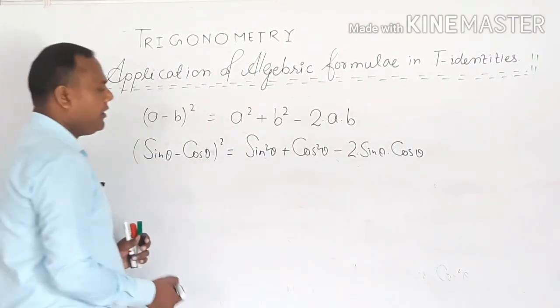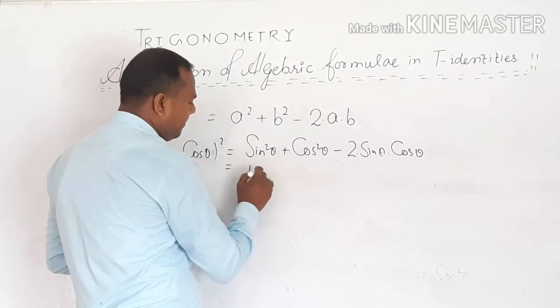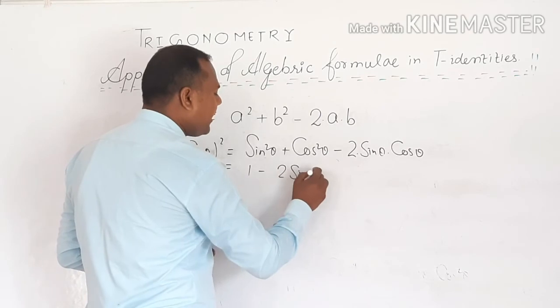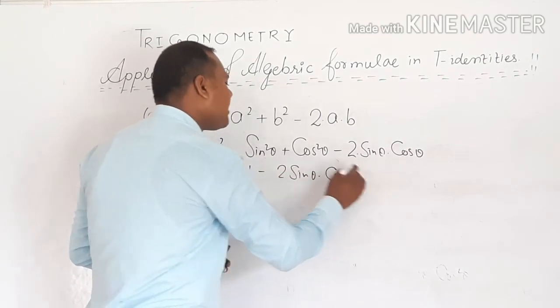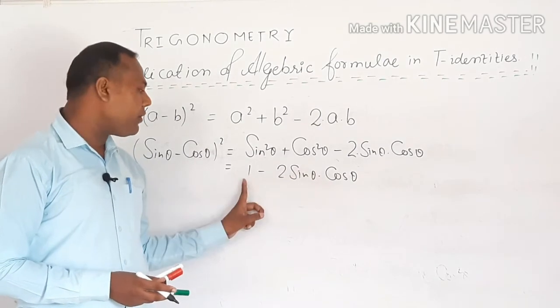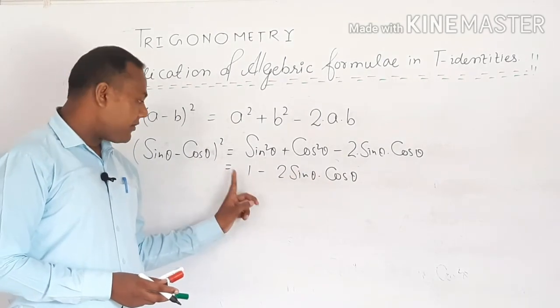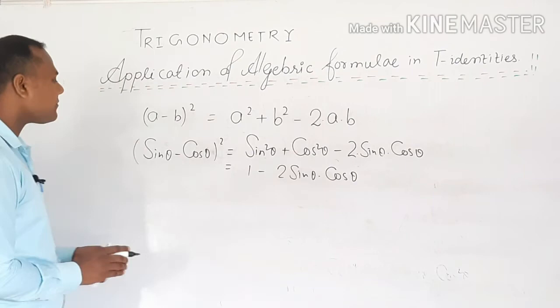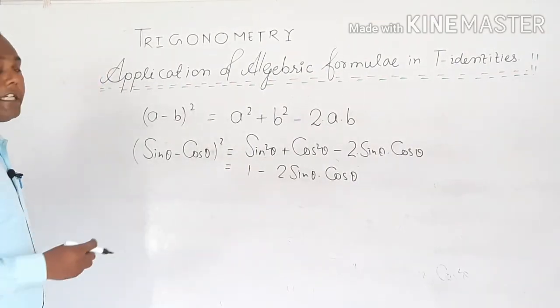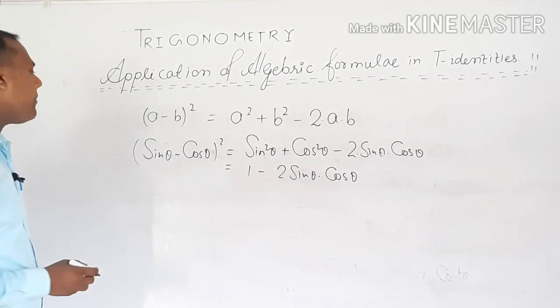So we can also write 1 minus 2 sine of theta into cos of theta, because sine square of theta plus cos square of theta is equal to 1. We have already studied that. So this type of identity is very frequently used while solving problems.